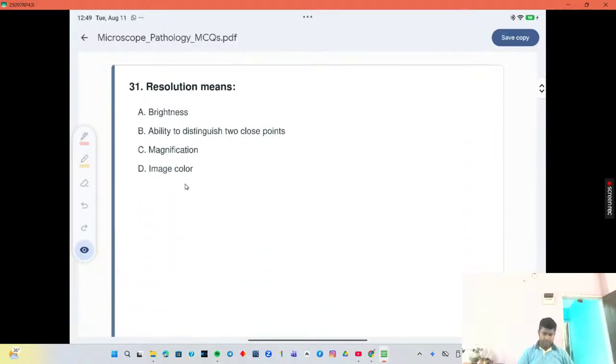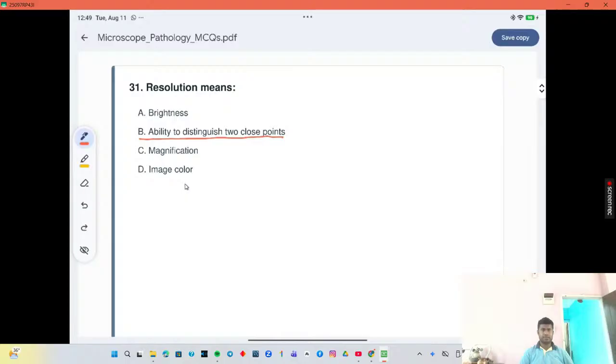So what does resolution mean? Resolution is the ability to distinguish two close points. Resolution means the ability to distinguish between two close points, and we should remember it and get it by heart.